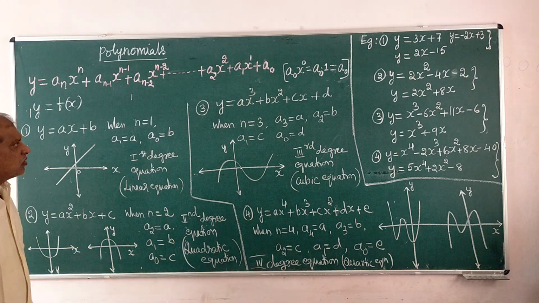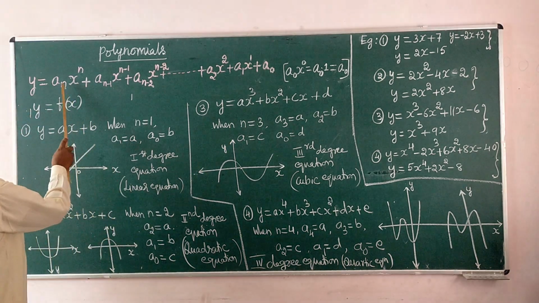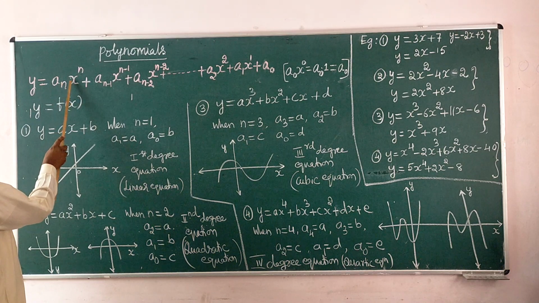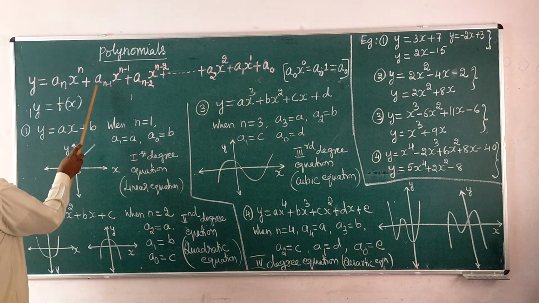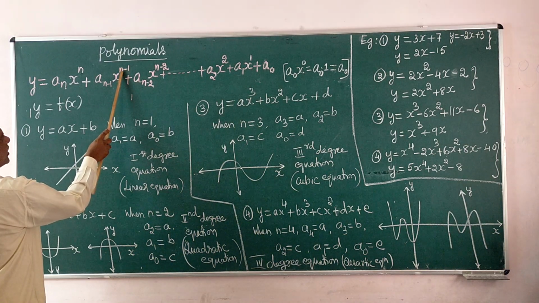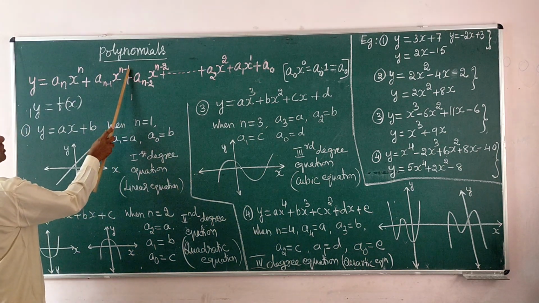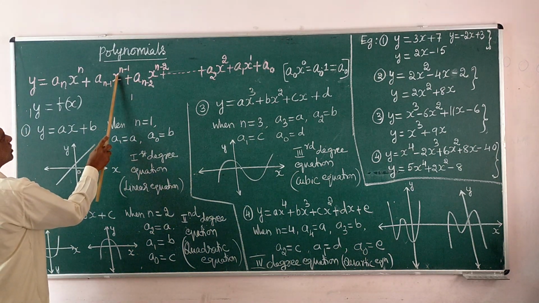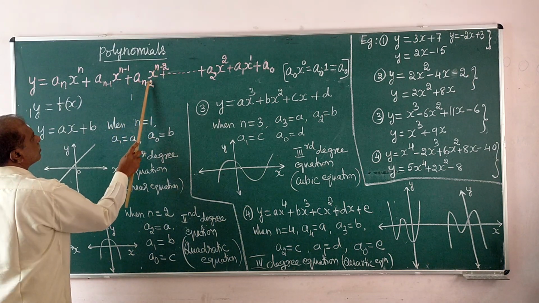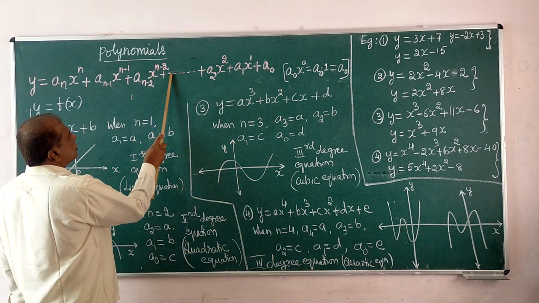Let us see what polynomial we get when n equals 3. With n equals 3: a3 x cube, then a2 x square since 3 minus 1 is 2, then a1 x to the power of 1 since 3 minus 2 is 1, and the next term a0 x to the power of 0.